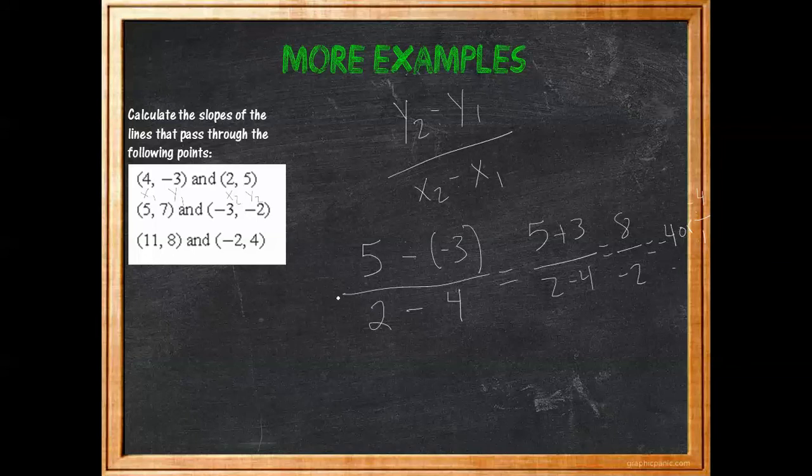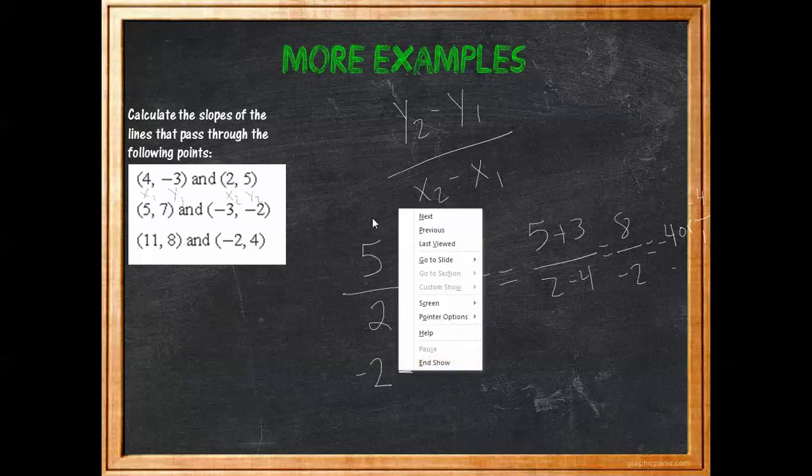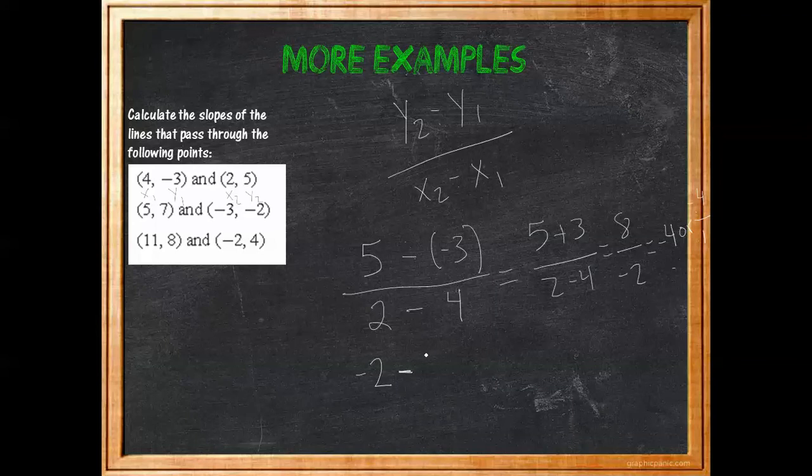All right. For the second one here, x1, y1 is going to be 5 and 7. x2, y2 is going to be negative 3 and negative 2. Okay, so y2 is going to be negative 2 minus y1, which is 7, over x2, which is negative 3, minus x1, which is 5.